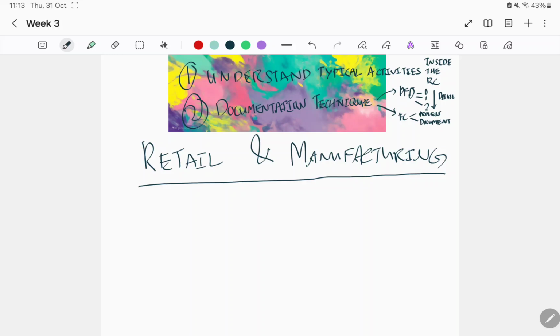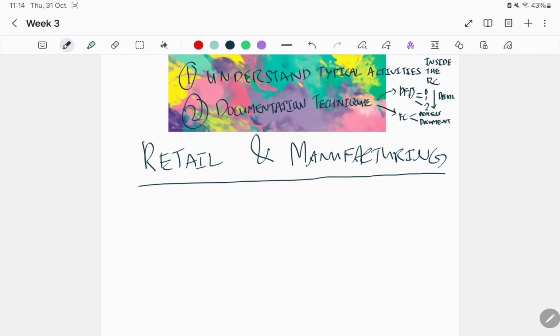You just come in, choose the product that you want, then pay the money, and the cashier gives you the receipt. That's it, end of process. In reality, the business process is very simple.